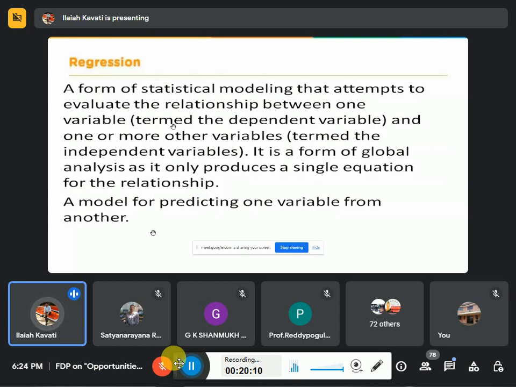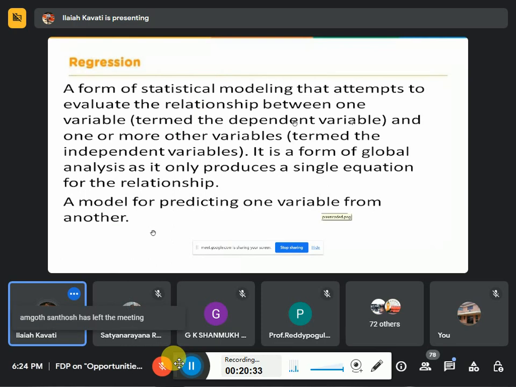In our salary case there are more parameters: experience, feedback, etc. So predicting the dependent variable using the independent variables is called regression. It is a form of global analysis as it only produces a single equation for the relationship.